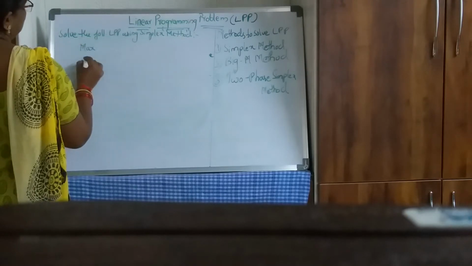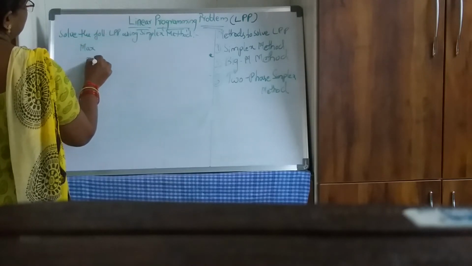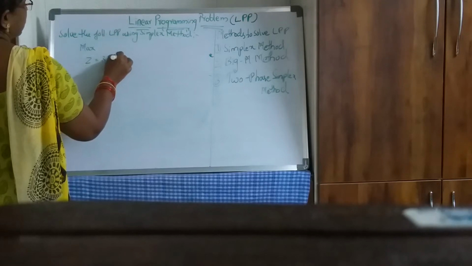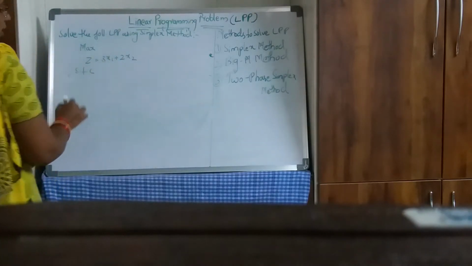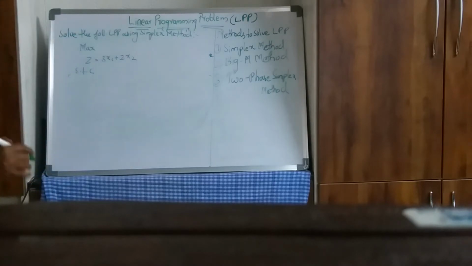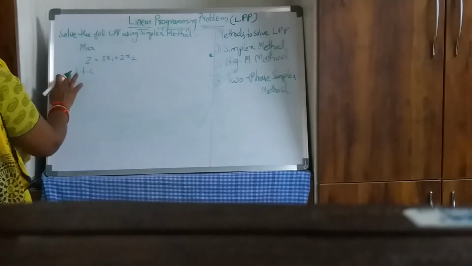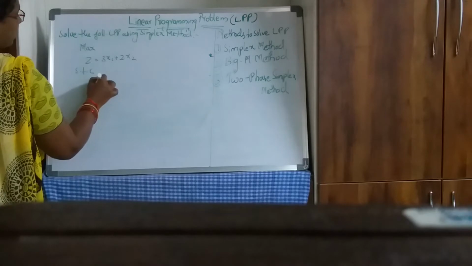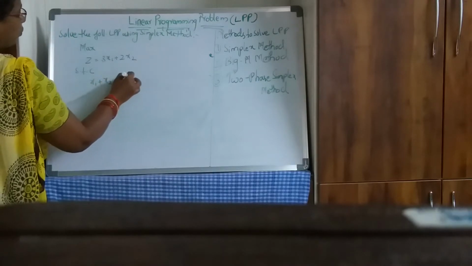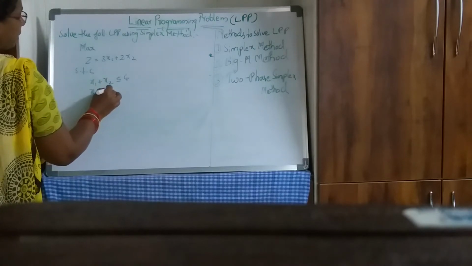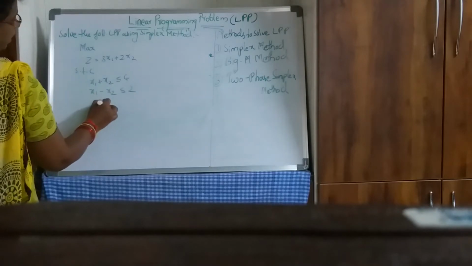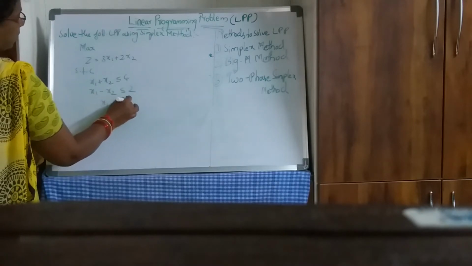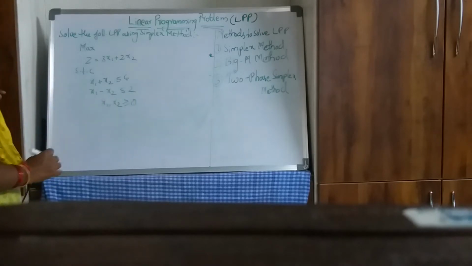Maximize z equals 3x1 plus 2x2, subject to constraints, which I will write as s.t.c.: x1 plus x2 less than or equal to 4, x1 minus x2 less than or equal to 2, and x1, x2 are greater than or equal to 0.